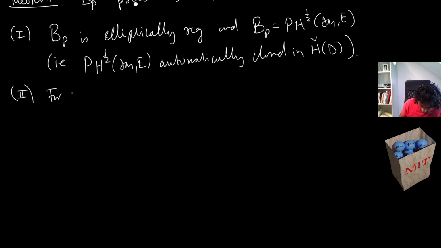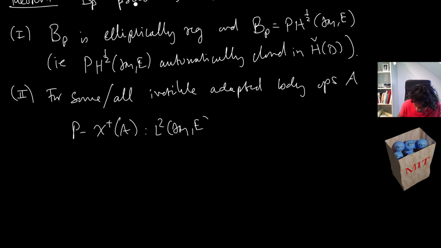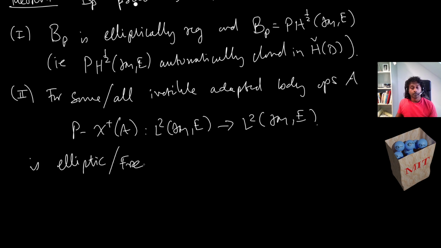So for some and equivalently all invertible adapted boundary operators A, P minus chi plus of A mapping L2 to L2 is elliptic, or equivalently Fredholm. Okay?